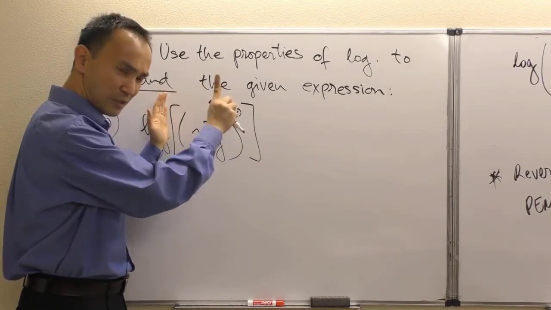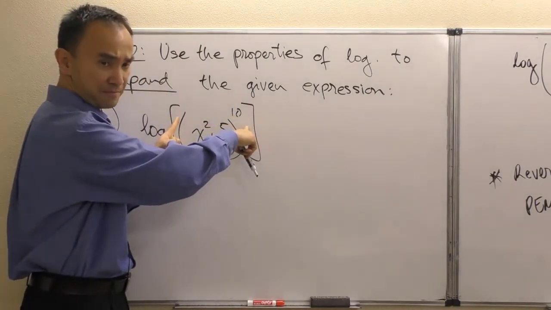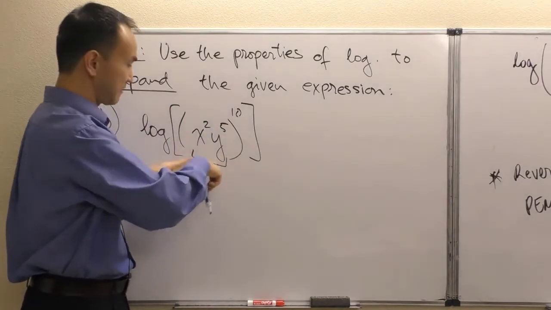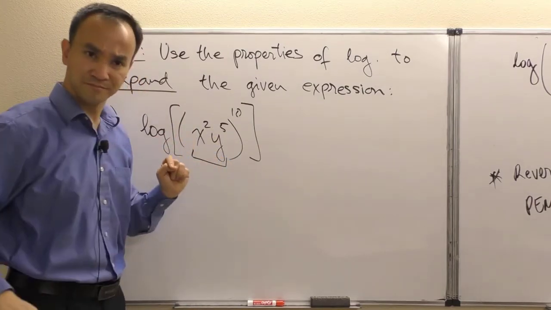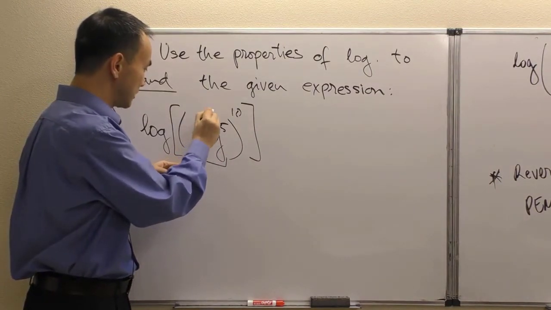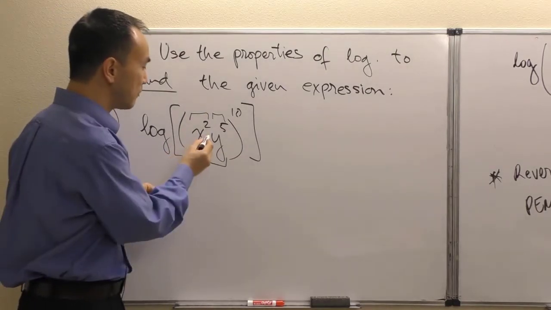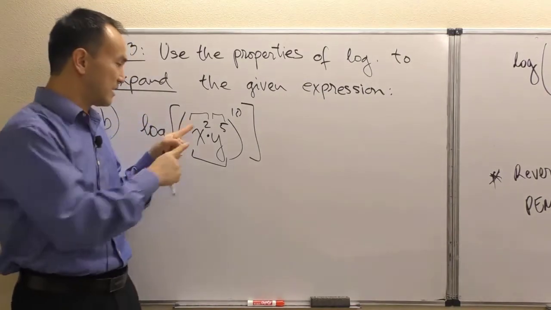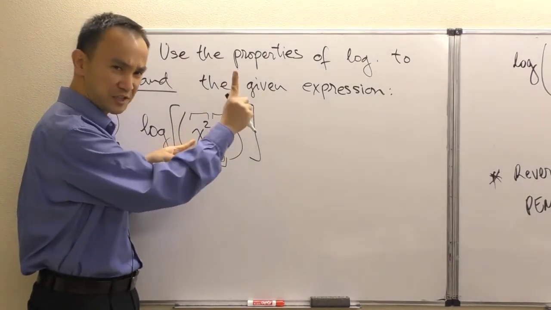According to the order, the inside of the parentheses is higher priority than that power of 10, and inside of the parentheses, raising these powers is even higher priority than the multiplication there. That's how I see it. So if I was doing a calculation here, raising x to the power 2 and, at the same time, raising y to the power 5 is the first thing to do.